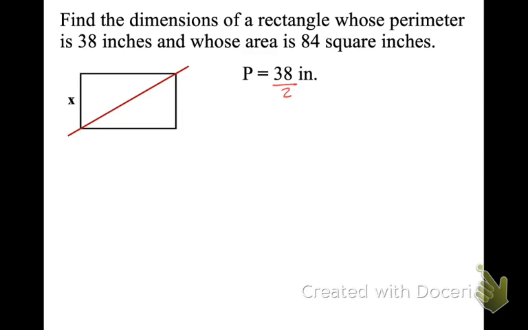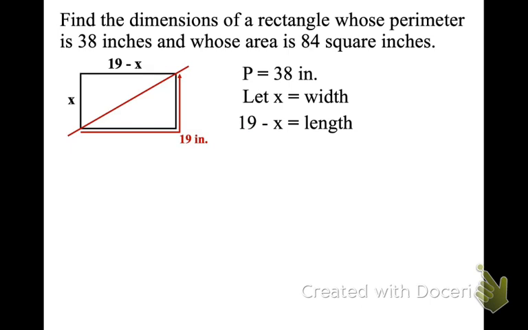If I create that diagonal, I know that this side plus this side has to equal 19 inches, because that's half the perimeter. If we call the first side x, and the two sides equal 19, can't we call this one 19 minus x? Okay, we're calling it 19 minus x. So now we have units that we can use for our length and our width. We have a temporary name.